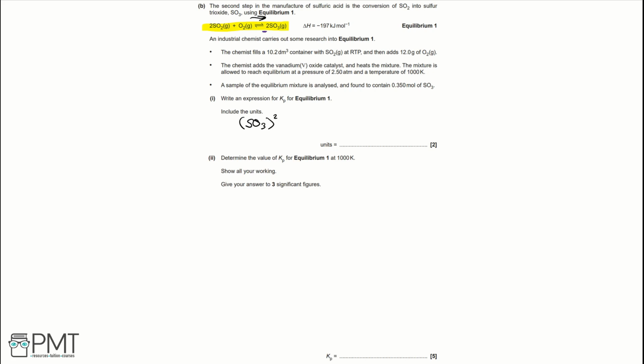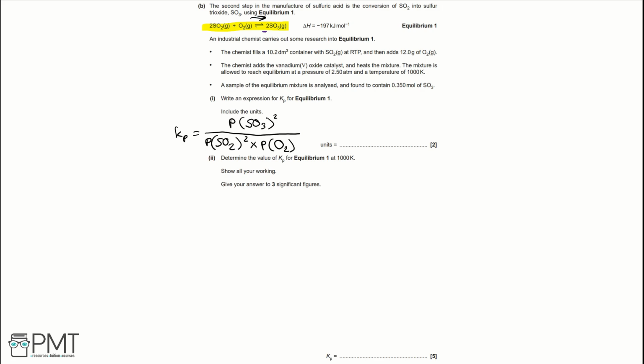And then because we're talking about Kp, we're going to have the partial pressure. Then we're going to divide by our reactants. So we'd have the partial pressure of SO2, and we're going to square this because of the big 2, and then multiplied by the partial pressure of O2. And that's going to equal Kp.